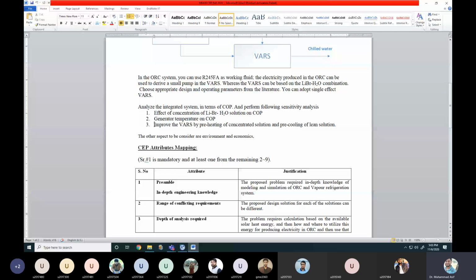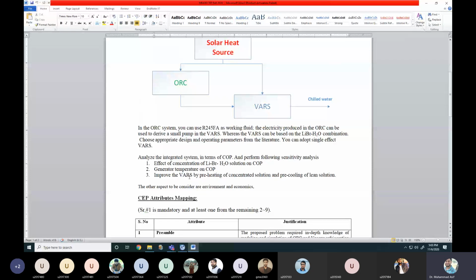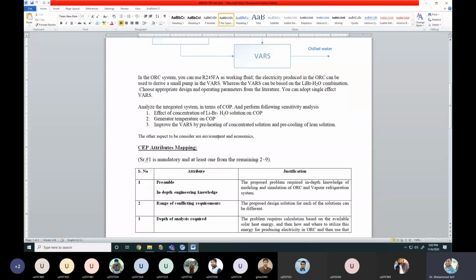Then improve the vapor absorption system by preheating of the concentrated solution and pre-cooling of the lean solution. All of that will be in the form of graphs and tables. The results will be presented, and you can also discuss the environmental benefit of this system and what economics is involved.